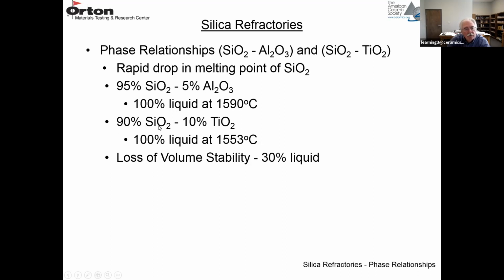With 90% SiO2 and 10% TiO2, you'll again have 100% liquid when you raise the temperature to 1553 degrees C. So obviously you've lost volume stability, which is 30% liquid maximum.